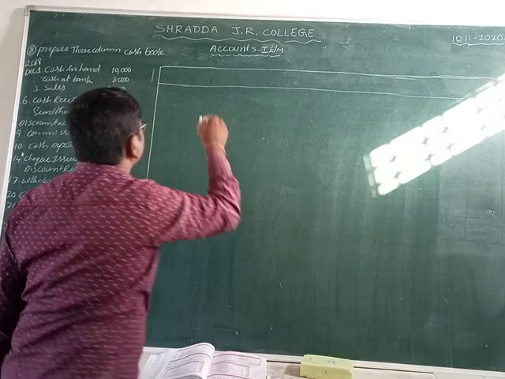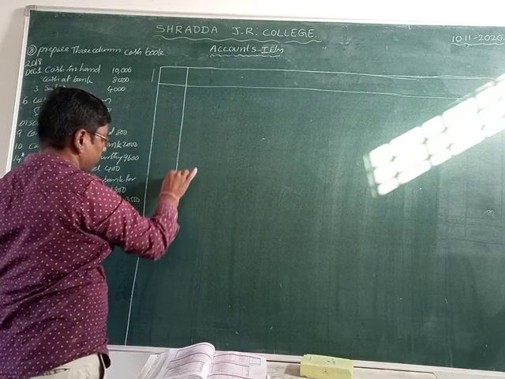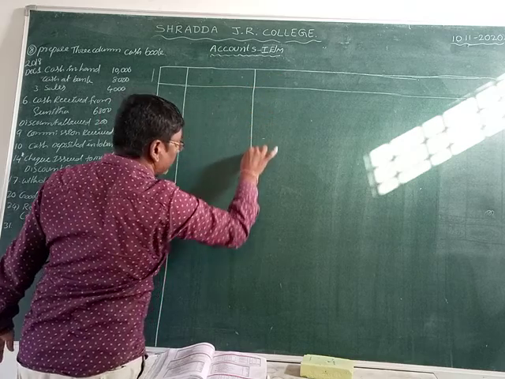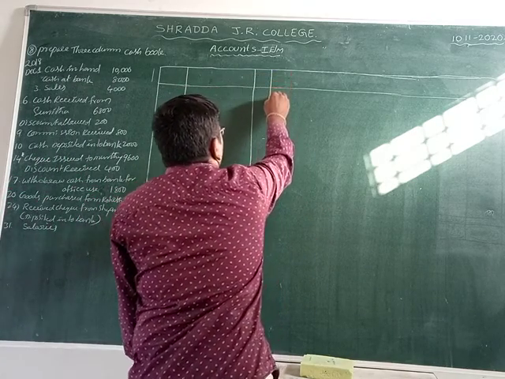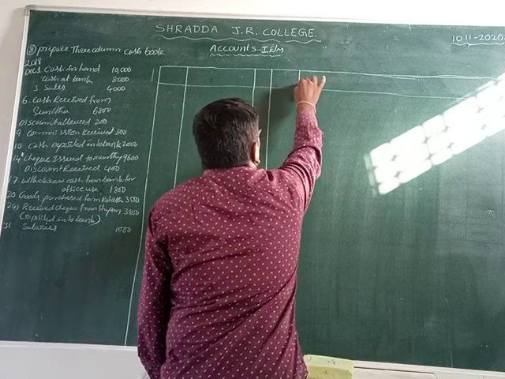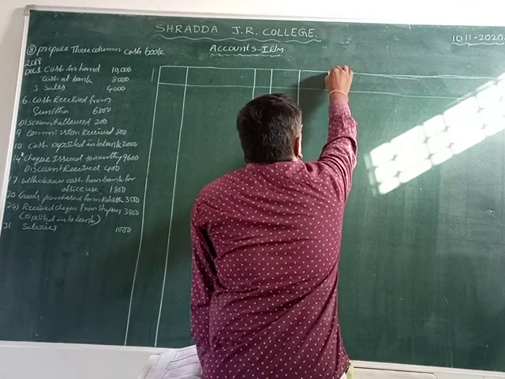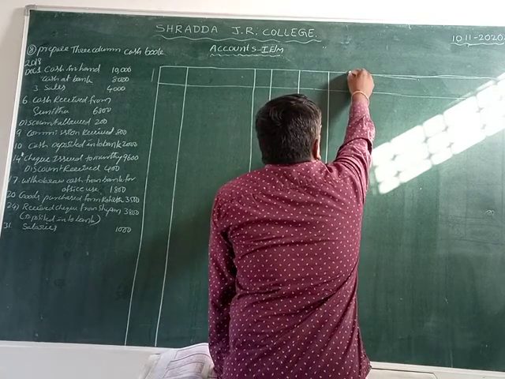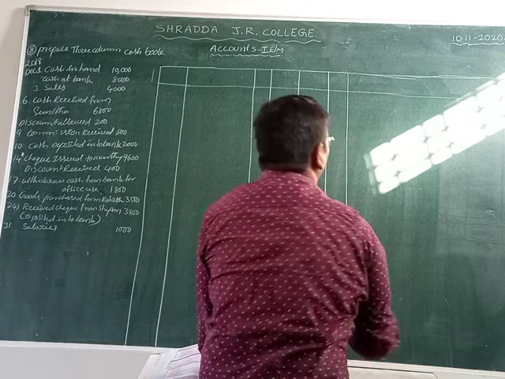First we take the date, next particulars, LF, and cash, bank, and discount. This is discount allowed.